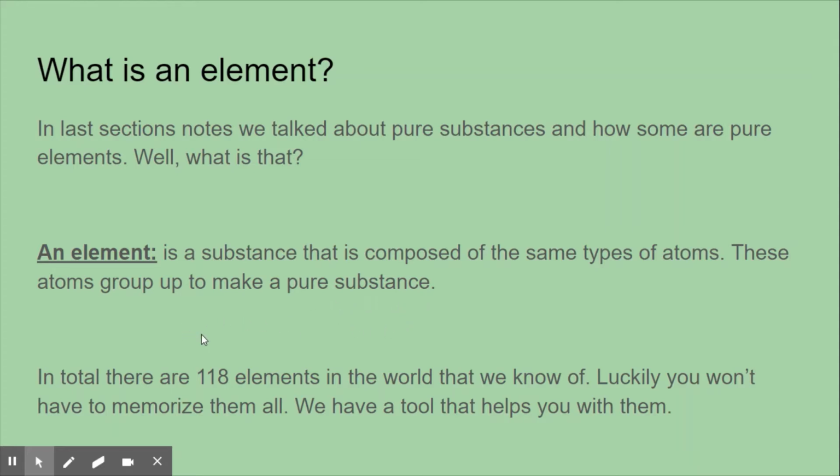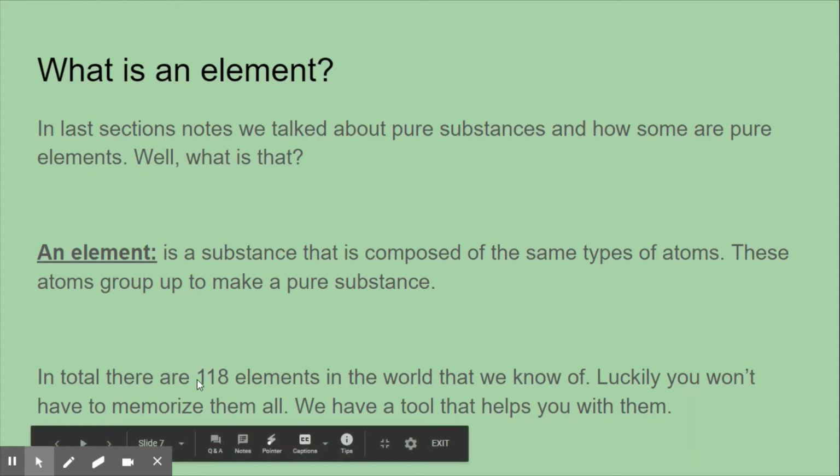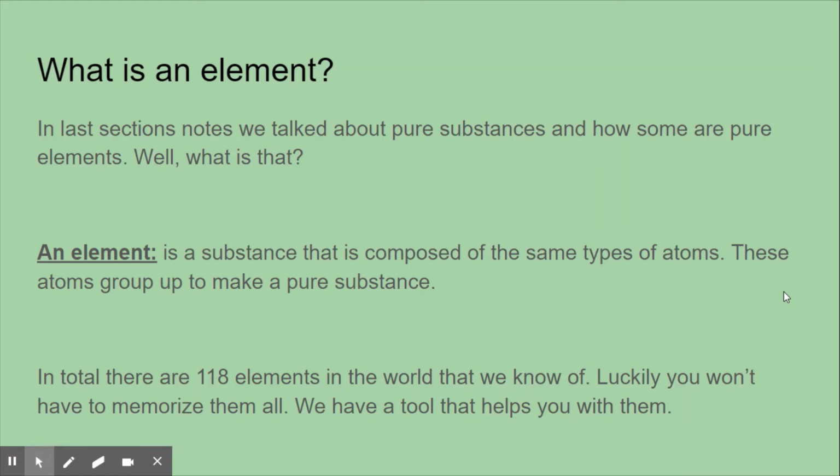In total, we have 118 of these elements that we know of on Earth. Luckily, you don't have to memorize them all, and I'm not going to make you memorize any of them by heart this year. If you take chemistry in your junior or senior year, I will probably have you memorizing certain elements, but not all of them.